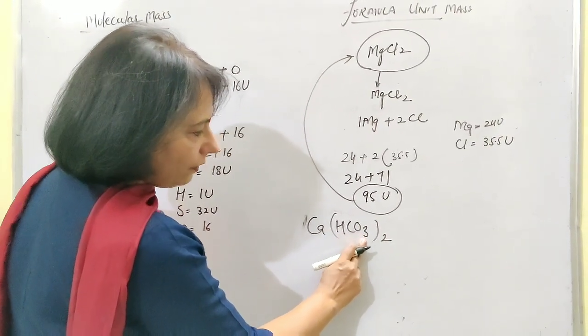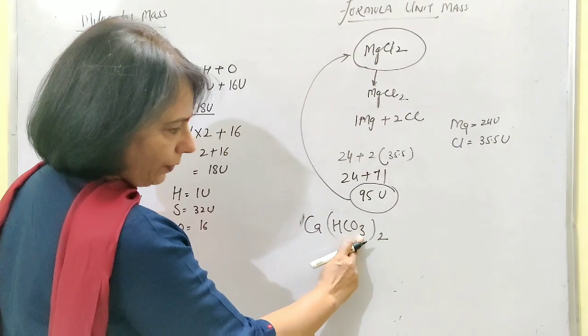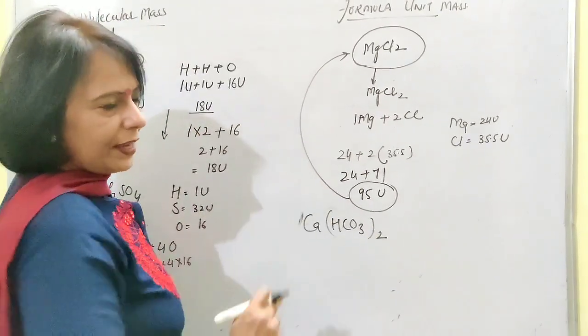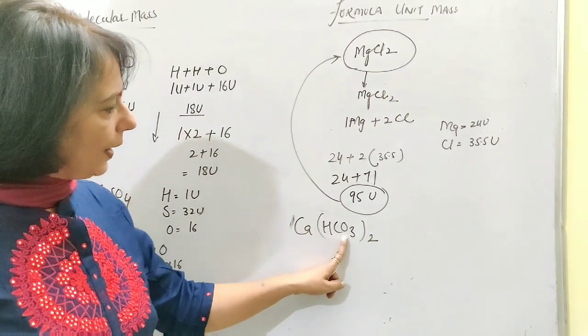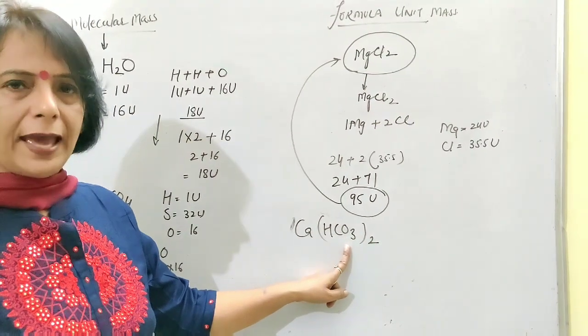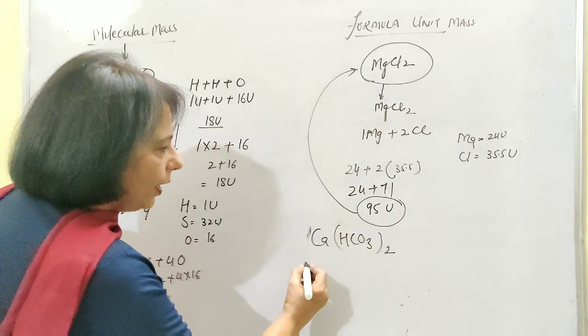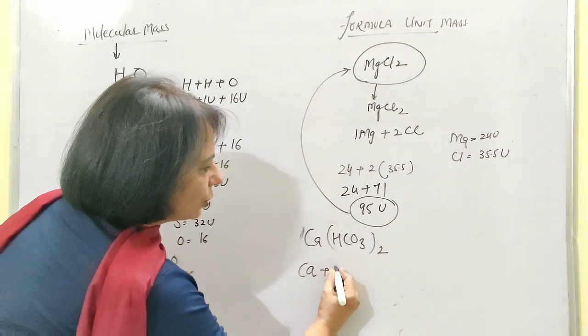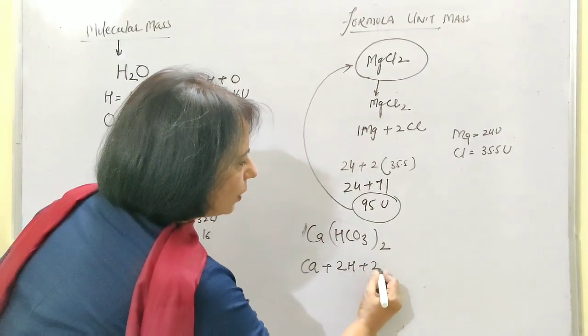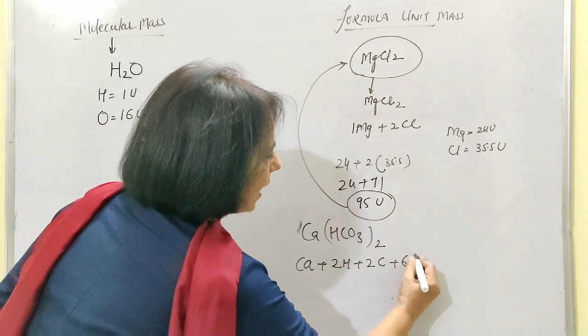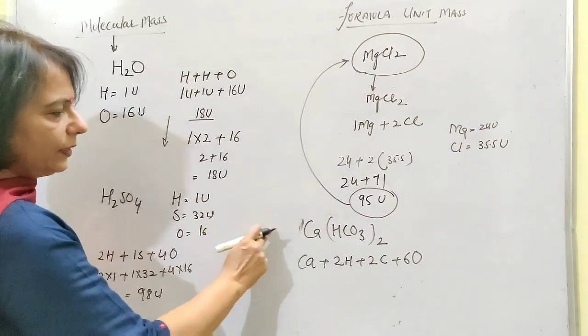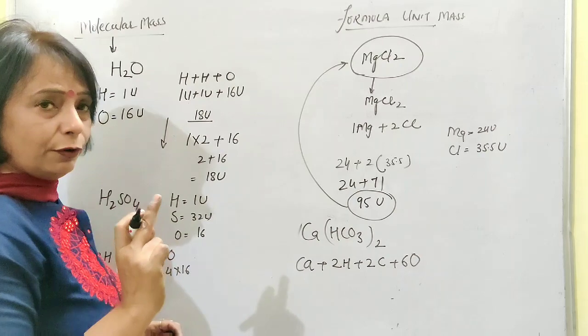Oxygen inside is already in the 3 form. So 3 into 2. That means the 2 is going to multiply with all the elements present inside the polyatomic ion. So 1 atom of calcium, 2 atoms of hydrogen, 2 atoms of carbon and 6 atoms of oxygen are participating in this one particular formula unit.